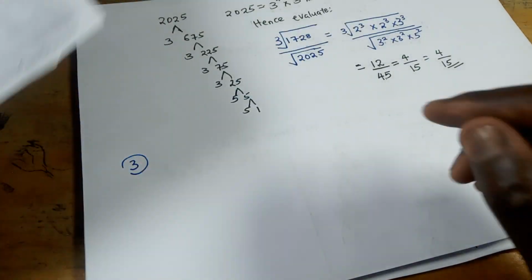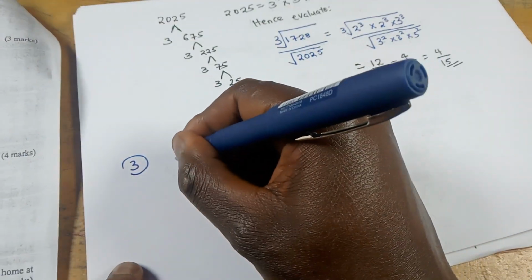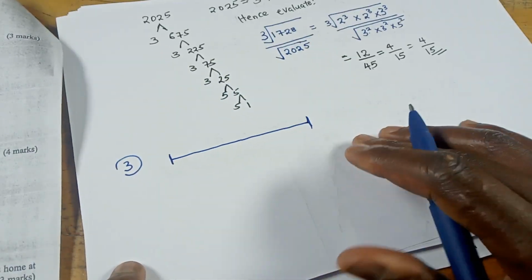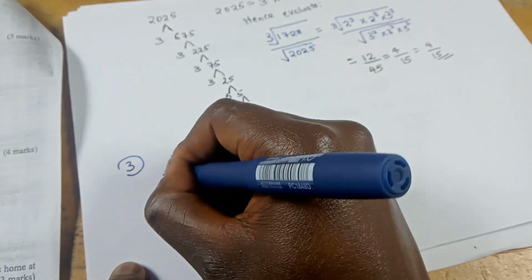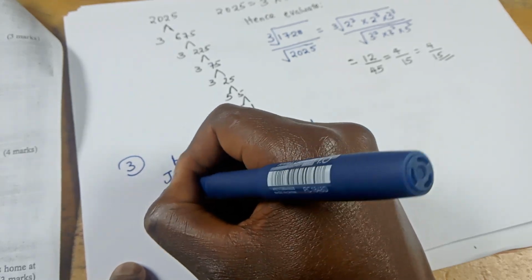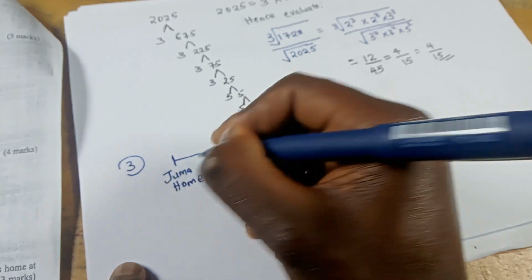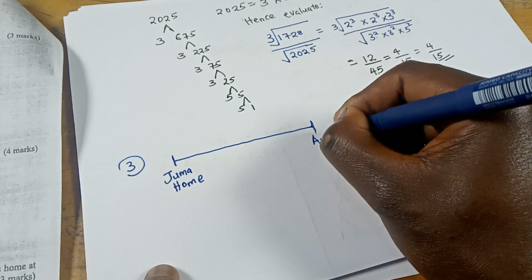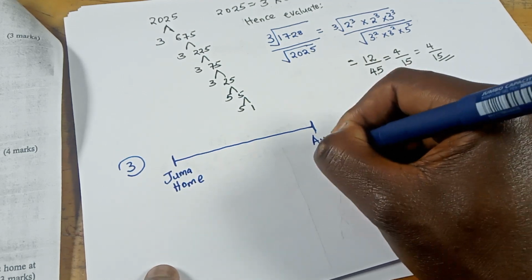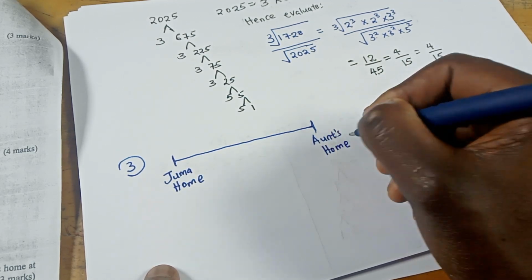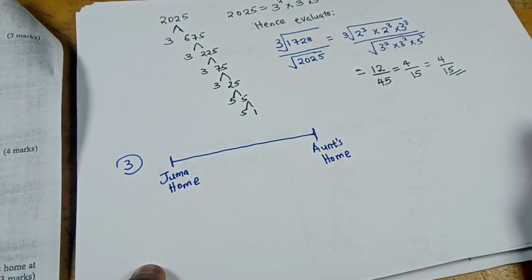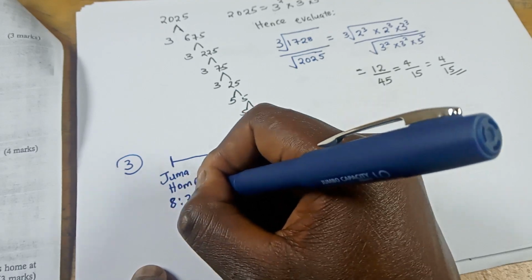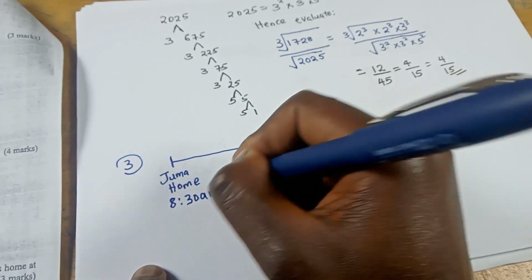And we are going to do it here. So we have Juma's home, and here we have the aunt's home. And the question is saying he left his home at 8:30 a.m. in the morning.